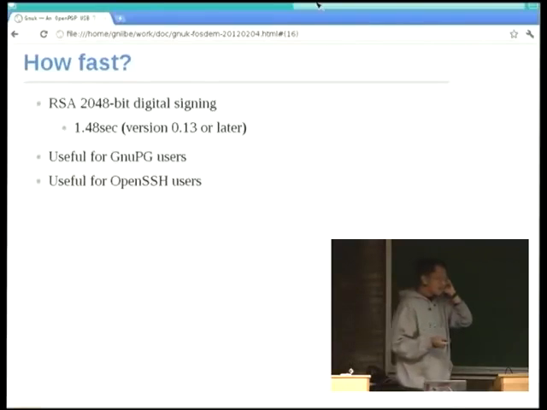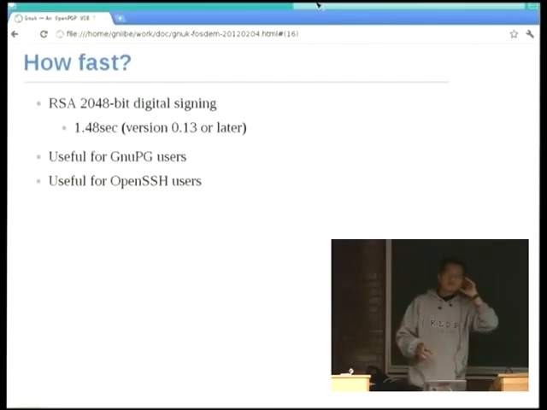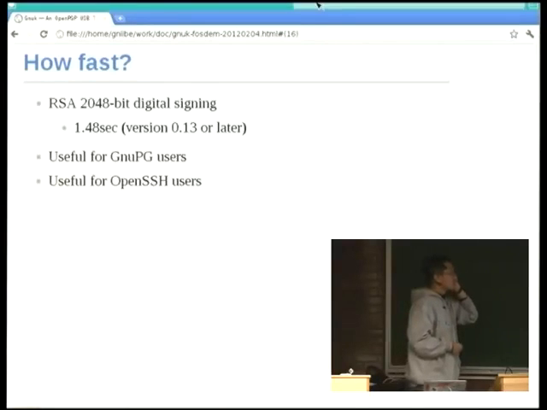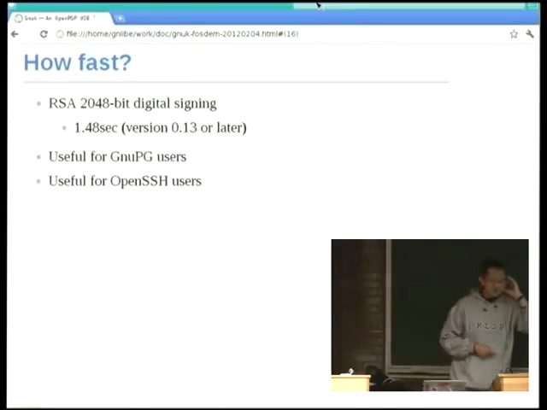For me, it is okay. But that's because I use a general purpose processor with no RSA accelerator. I think this performance is okay for general purpose use, and it is already useful for GnuPG users as well as OpenSSH users.